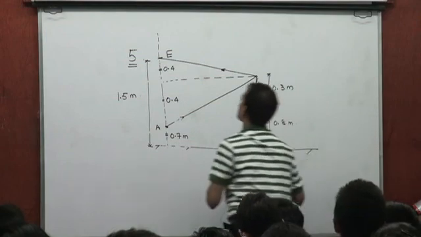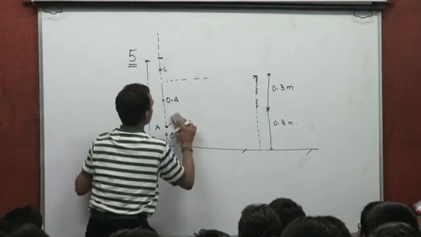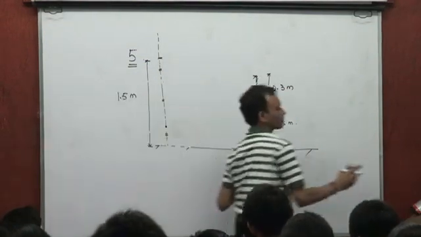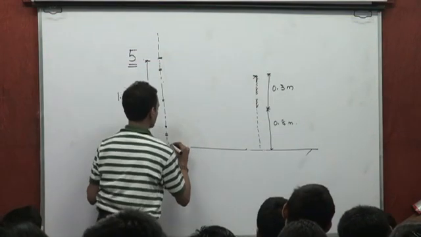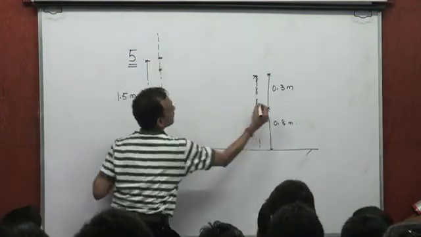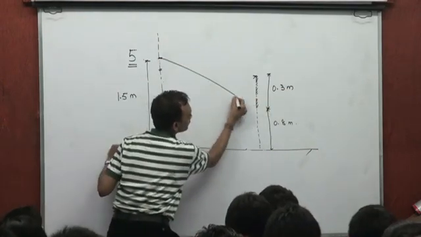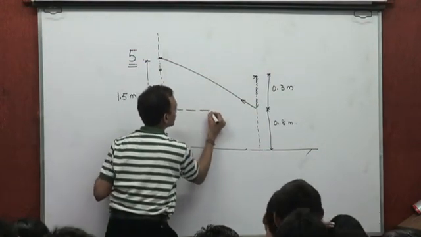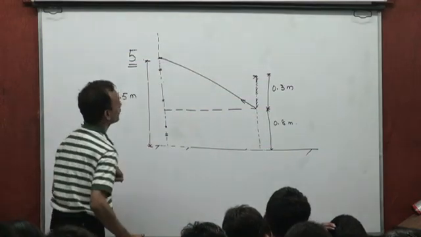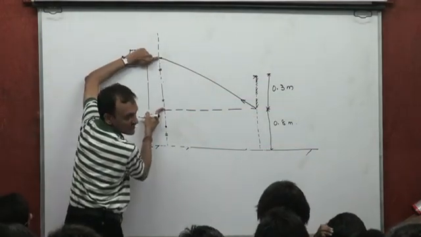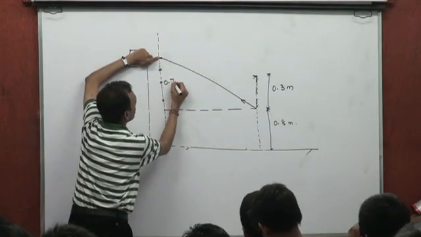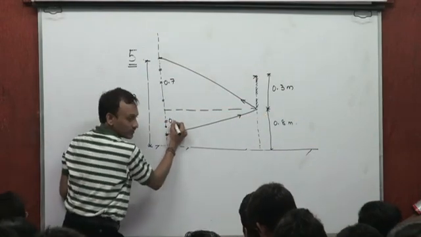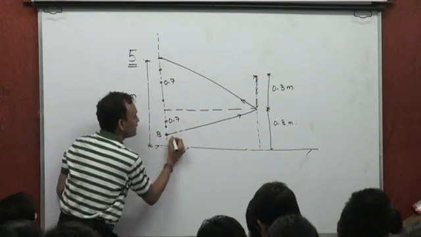The other extreme that he sees of himself through the other edge, the ray of light coming from the lower extreme of the mirror. This is 0.8, so this is 0.7.